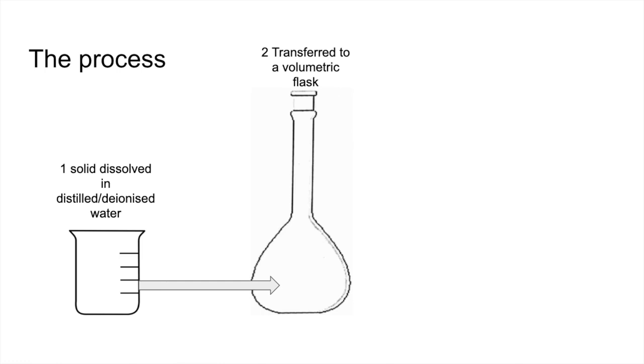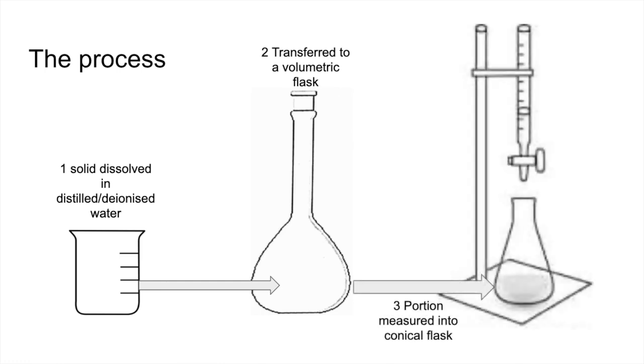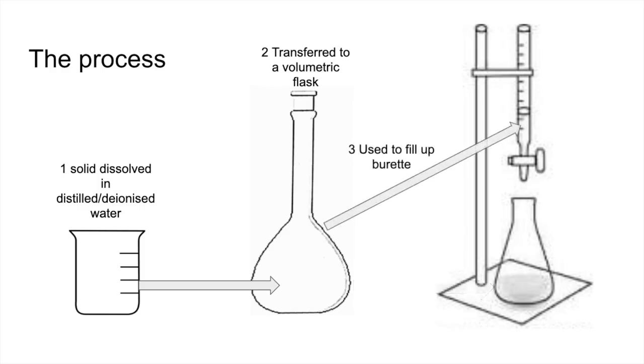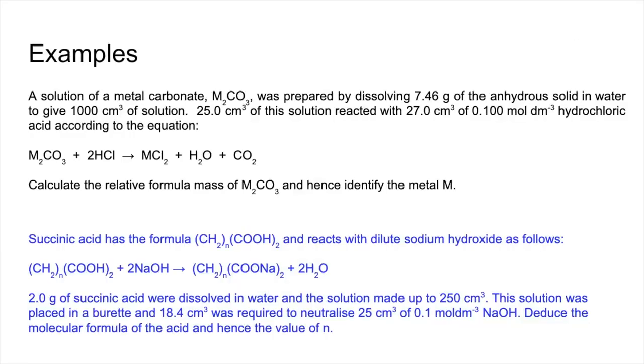Then a portion of that solution can either be measured into the conical flask, or used to fill up the burette. And then the final thing they would do is perform the titration. There are a couple of examples if you want to pause the video and try them, and then play on when you're ready for the answers.